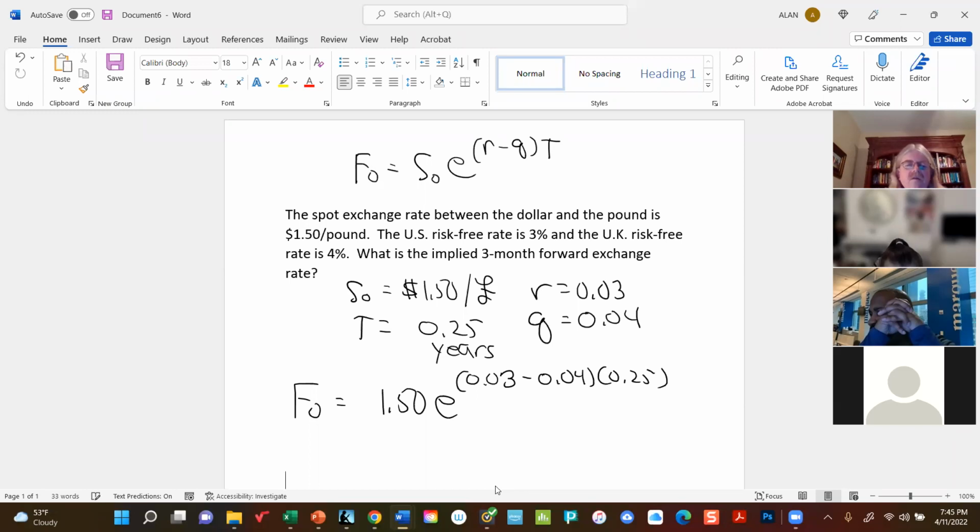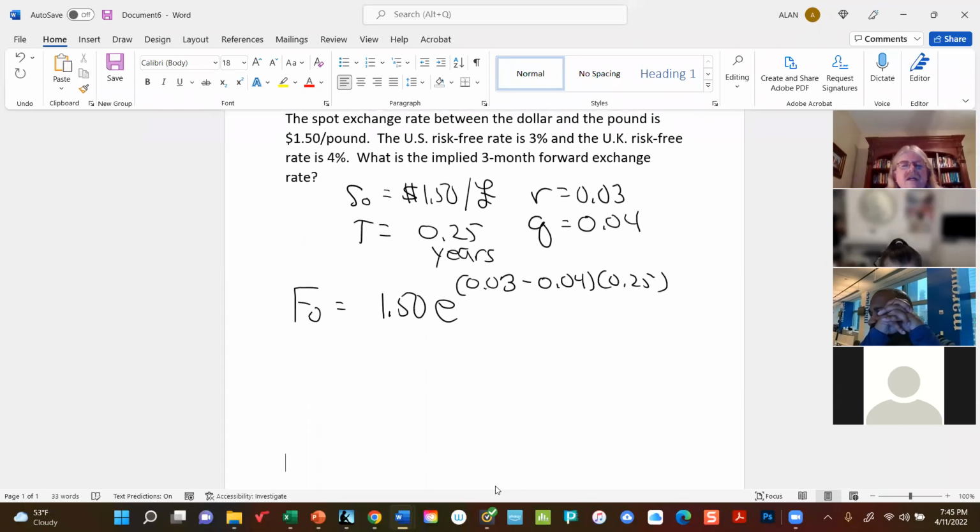Now, what you should probably do is solve for the exponent first. And that's going to be negative 0.0025.